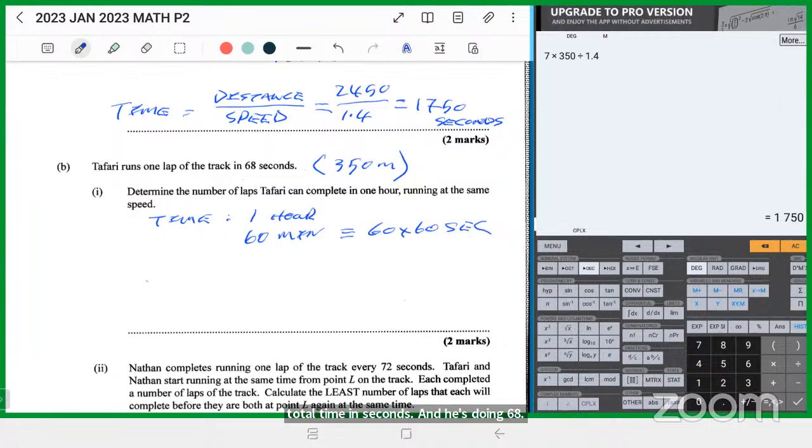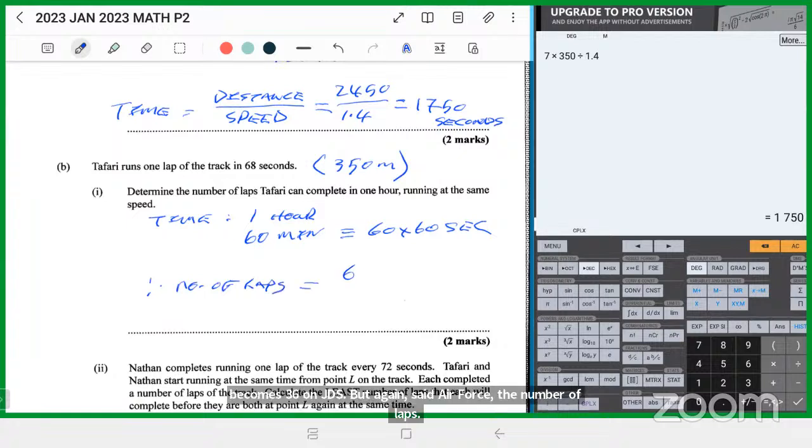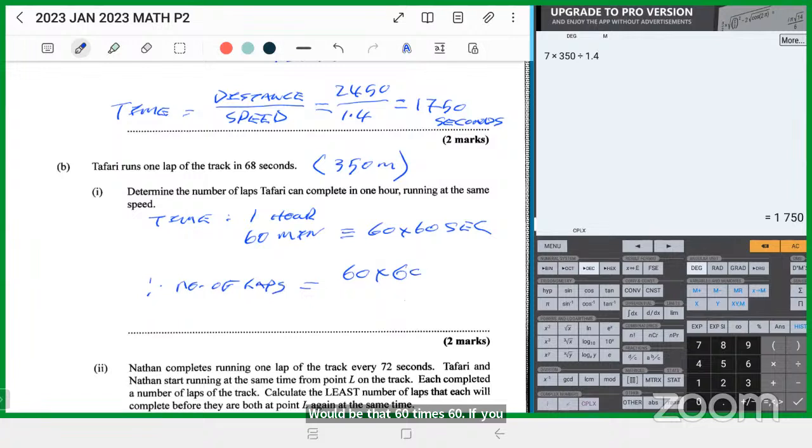So therefore, the number of laps, I don't have to work this actual figure out, I can keep it there. It becomes 3,600, yes. But I can say the number of laps would be that 60 times 60, or 3,600, divided by the time for 1 lap, which is 68. And that will give you the number of laps.